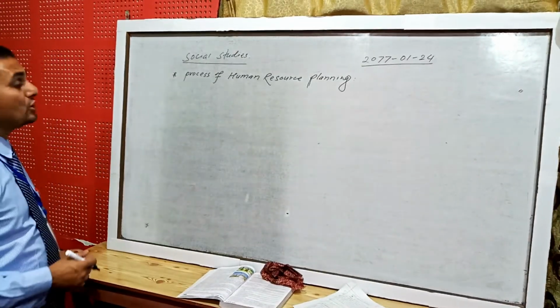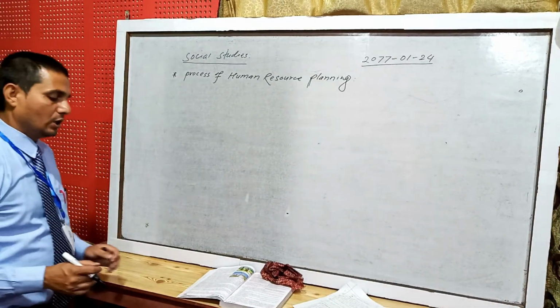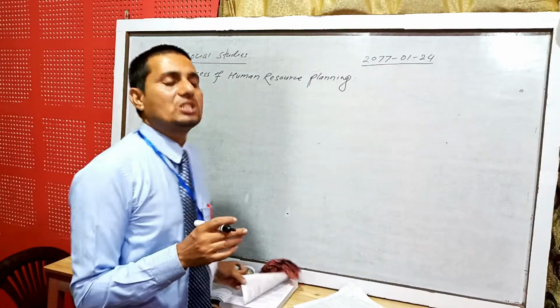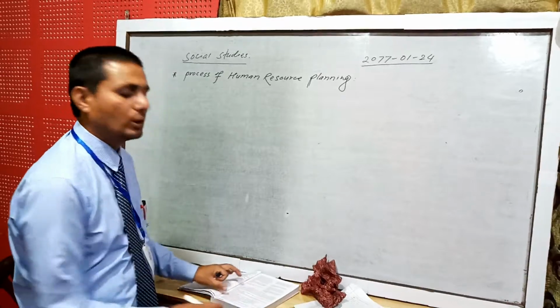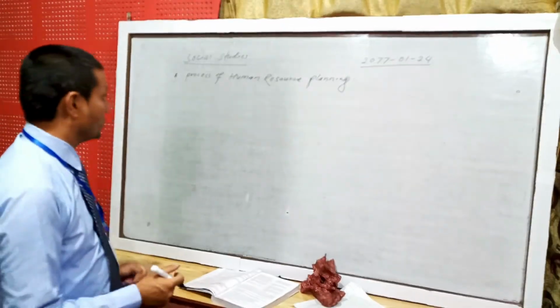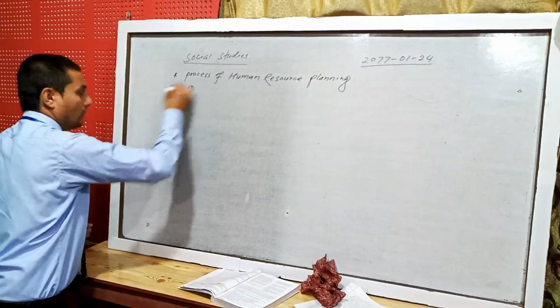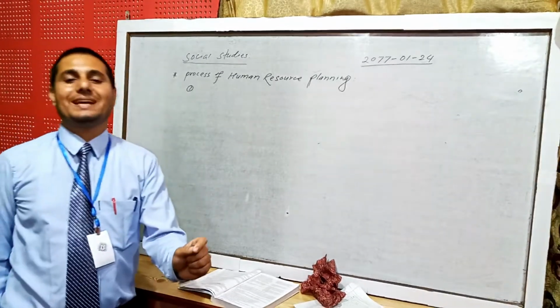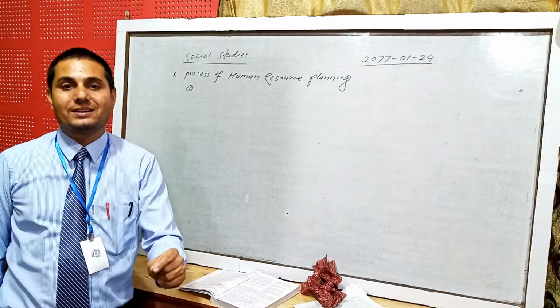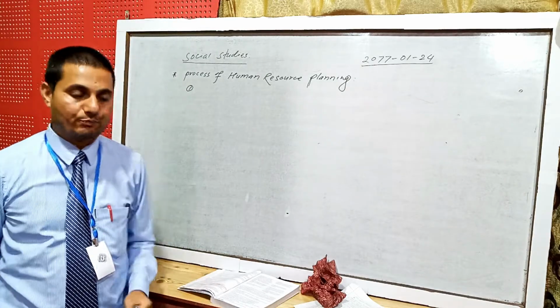Now, I am giving you some stepwise process of human resource planning. Number first process: before doing something else, we need to determine some aim and objectives of the program.